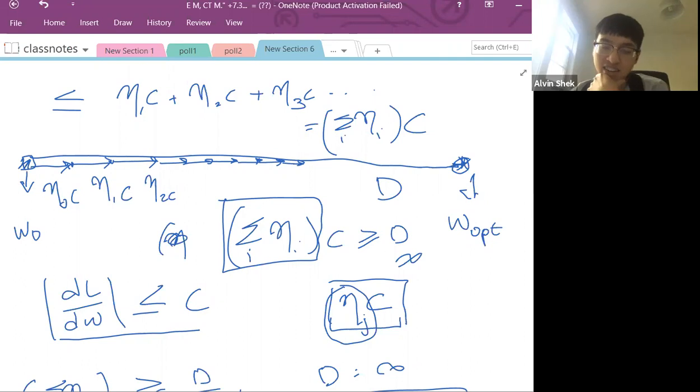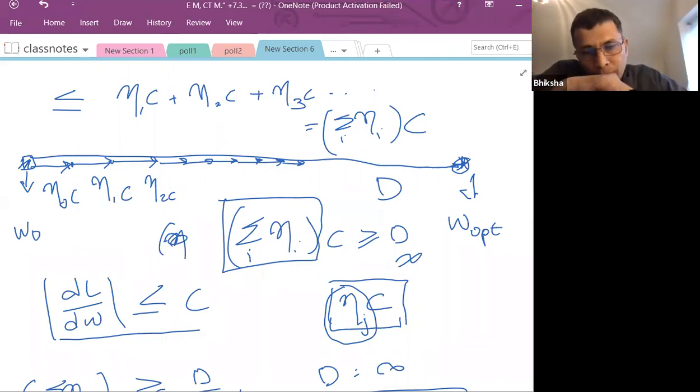Wait, how exactly can the distance between the weights be arbitrarily large? So let's say that the optimal estimate of W is 0, and you just initialized it at 10 raised to 10 raised to 250. Nobody's stopping you from doing that, right?